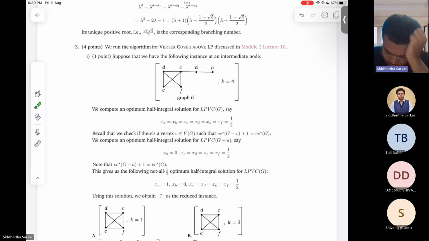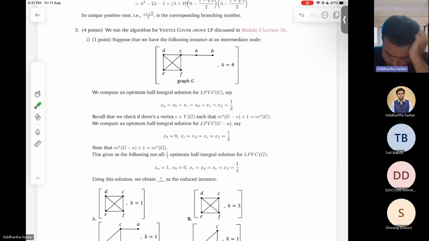Recall that we check if there is a vertex V such that, if you delete one vertex and again compute the LPOPT, denoted here by VC star, you will get a value. You add 1 to this, and you check if this equation is true or not. For every vertex, you check.